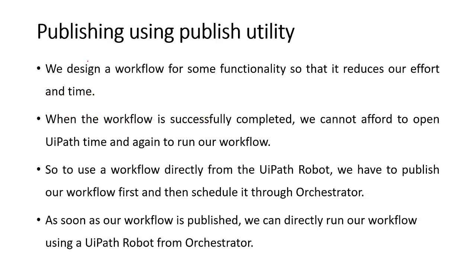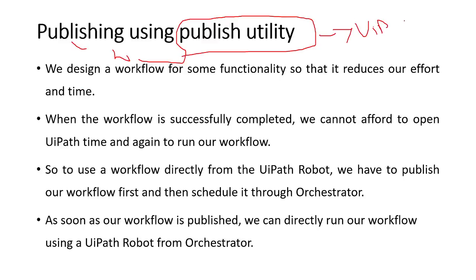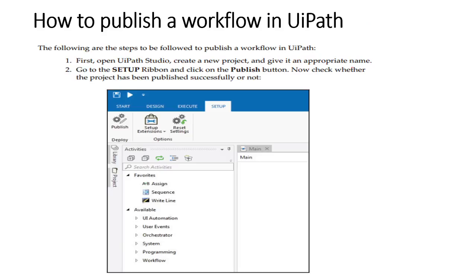So what we learned in the previous class is how to publish our workflow using the utility called publish utility, which is given in UiPath Studio, right? More specifically, we learned the steps that need to be followed by the RPA developer in order to publish their work using the publish utility given in UiPath Studio.